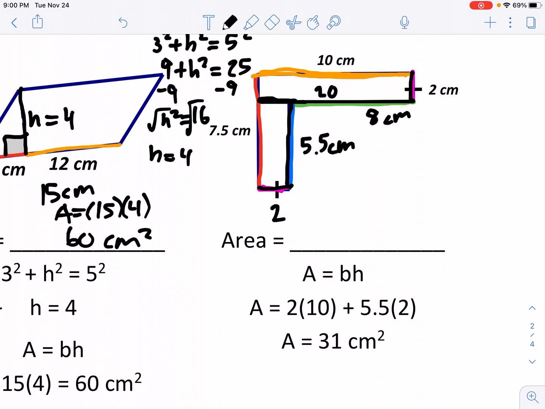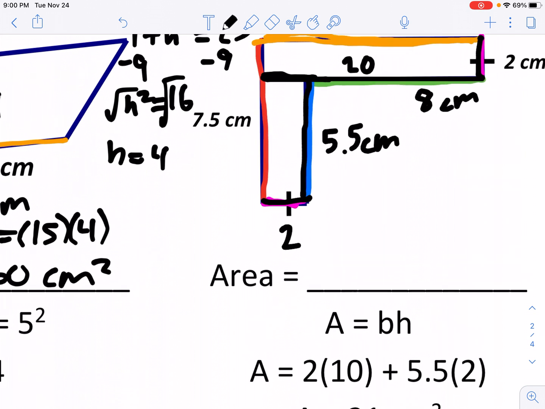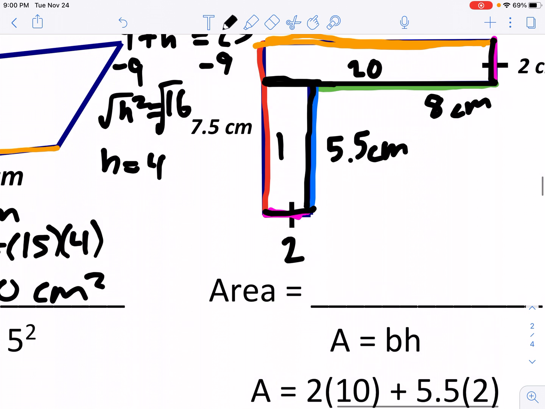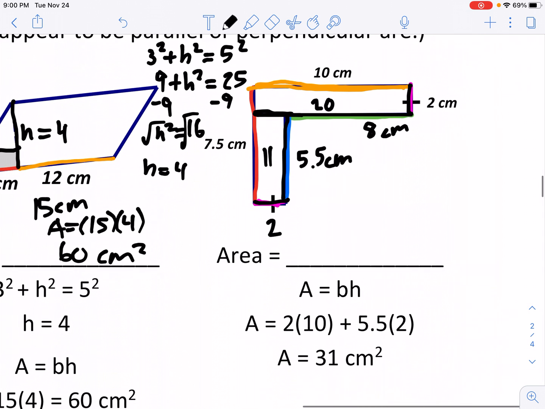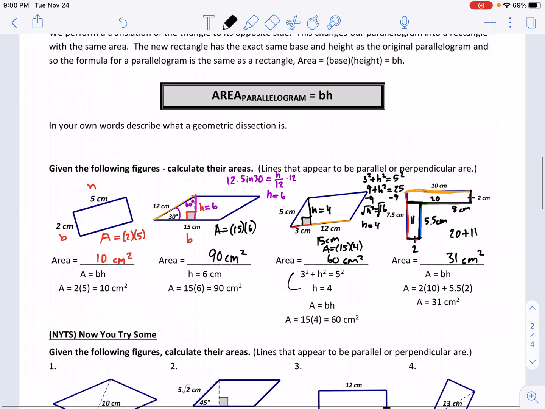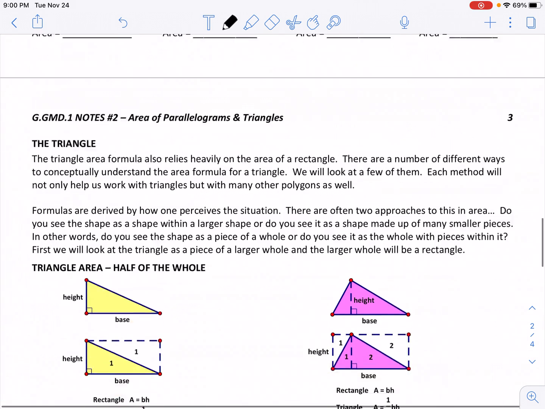So my base times my height, 2 times 5.5, we get 11. Okay, we get 11. And now I have the area of the 2 rectangles. What we need to do is add those 2 together. So we're going to take 20 plus 11, and we get 31 centimeters squared. Okay, so that would be the area of this figure here. Okay, and we'll do those in class.